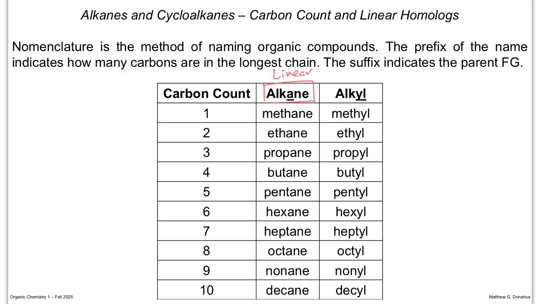When I say alkane, I'm referring to the linear chain. If you have a substituent that is a carbon-based group, the alkane nomenclature changes to alkyl. So you drop the A and E, and then you replace it with YL. And again, that's based on the total carbon count.